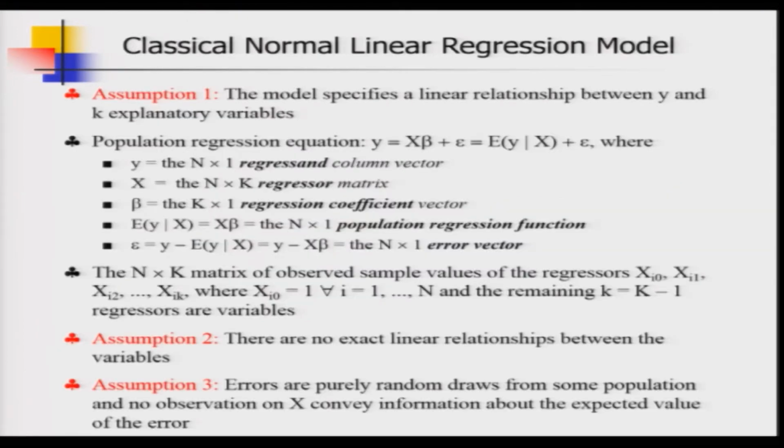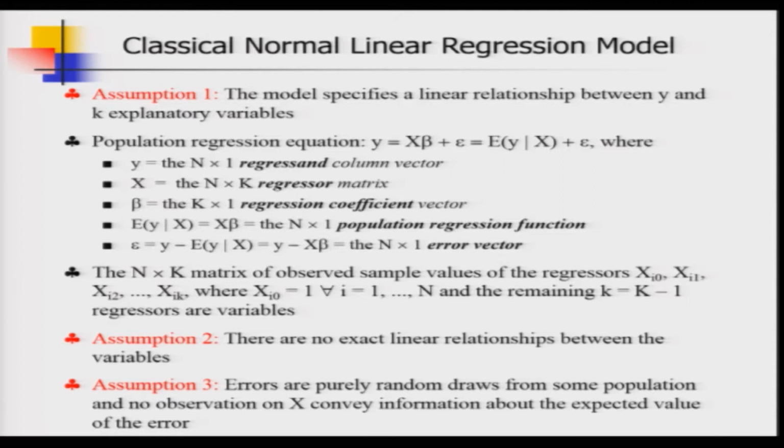Okay. Now, we are going to revisit that classical linear regression model, the theory part of it, and we are going to augment that theoretical discussion with one additional assumption, and that is the assumption of normality.